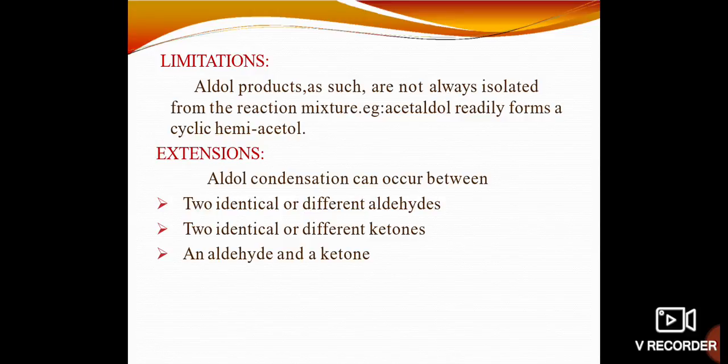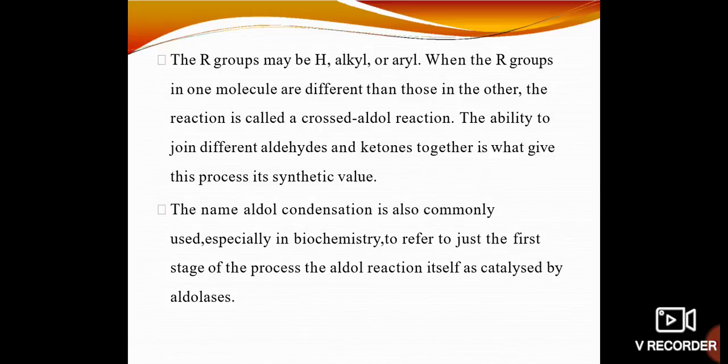This is about aldol condensation, and in this aldol condensation the R groups may be hydrogen, alkyl or aryl. When the R groups in one molecule are different from those in the other, we are taking two molecules of aldehyde.